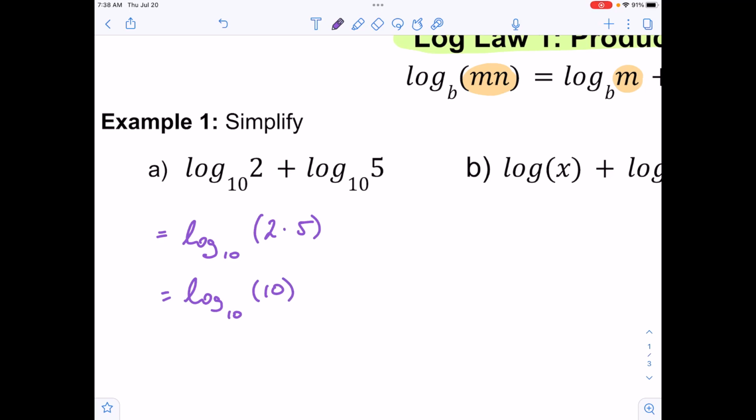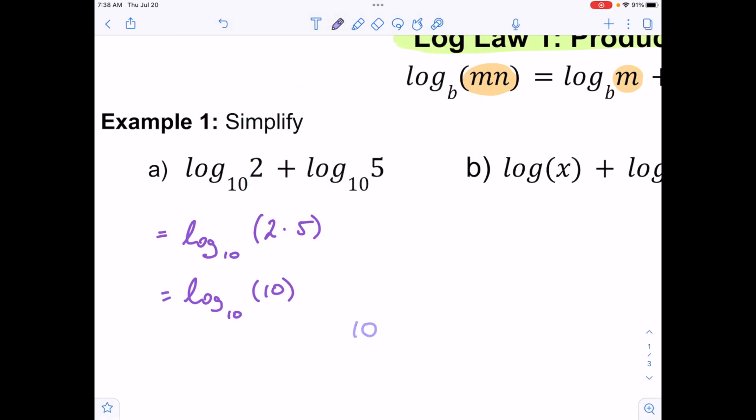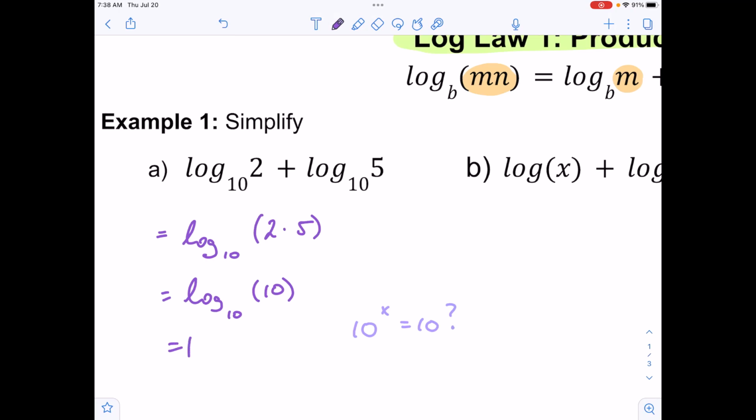Now this question is actually solvable because what it's asking here is, well, 10 to the power of what is 10? And the answer is just 1. Right? 10 to the power of 1 is 10. So we could actually solve that one.